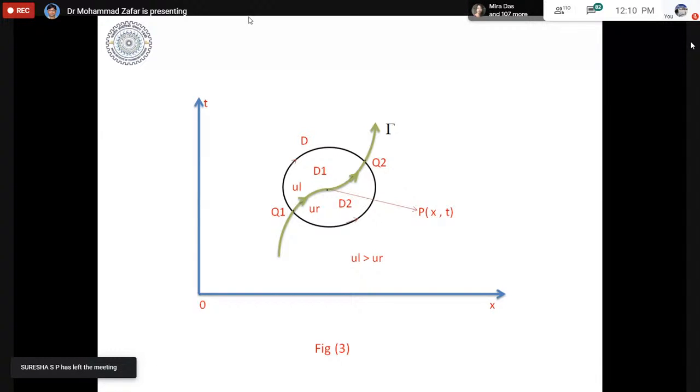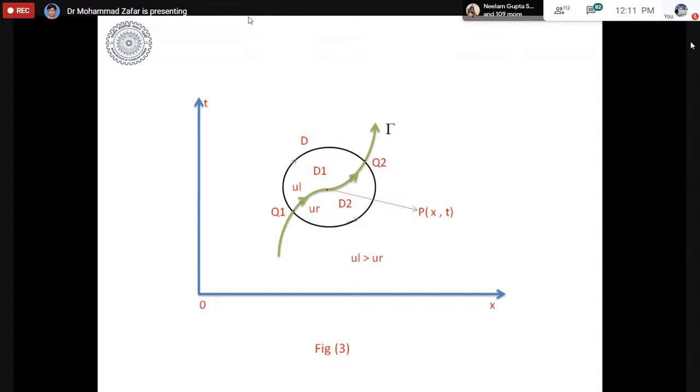So what we do, we take a point, suppose a small point p at x comma t, you see this arrow sign. Suppose one black point is there on this curve gamma. Suppose we draw a small disk, capital D, around this point, and suppose the left hand side and right hand side of this disk are denoted by D1 and D2 respectively.